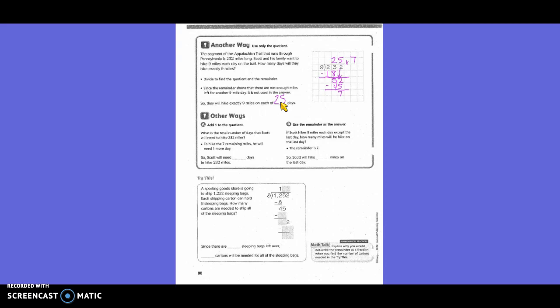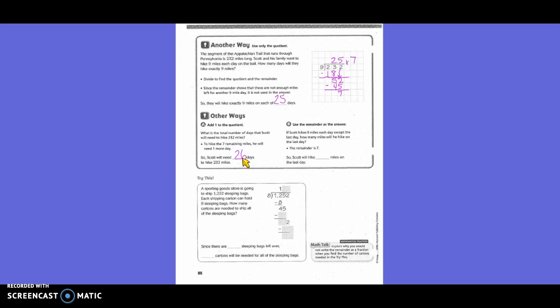Okay. Here's another way. What is the total number of days that Scott will need to hike his 232 miles? Since he had 7 remaining miles, how many days will he have to get all of those 232 miles in? 26 days.